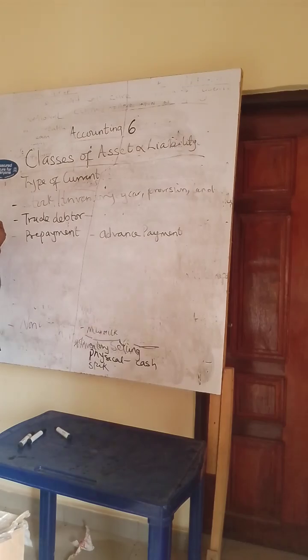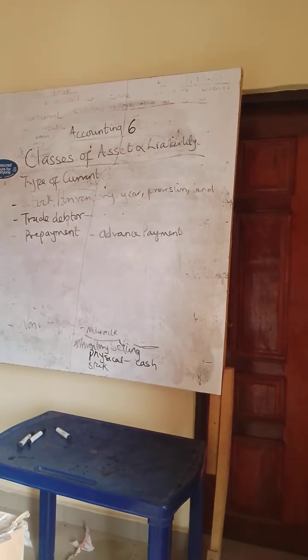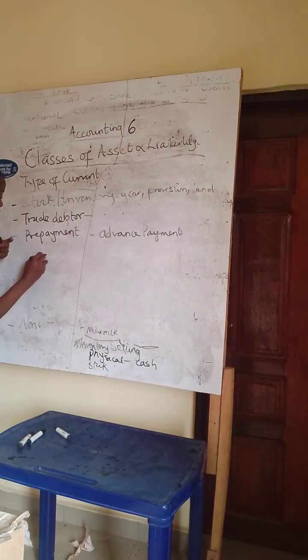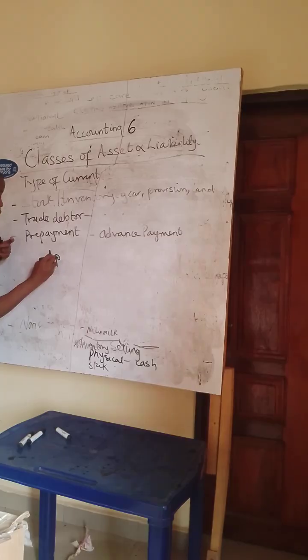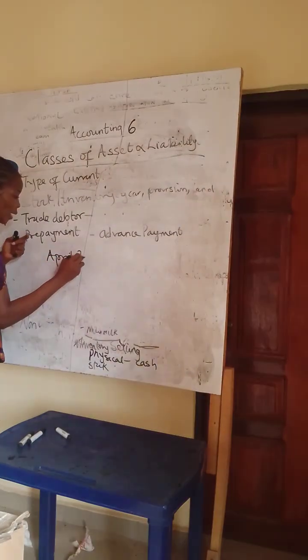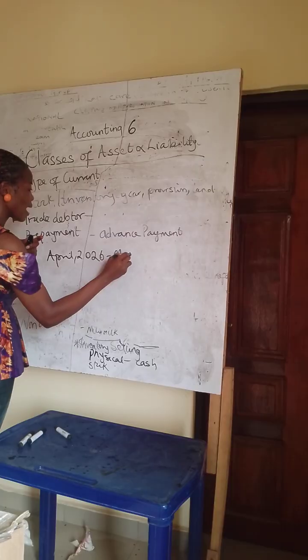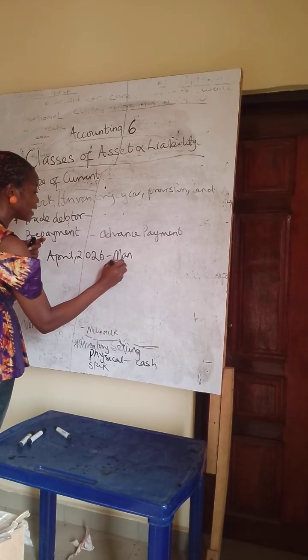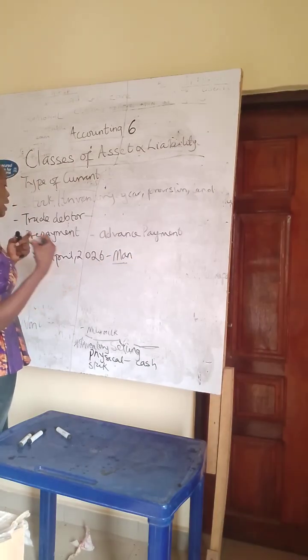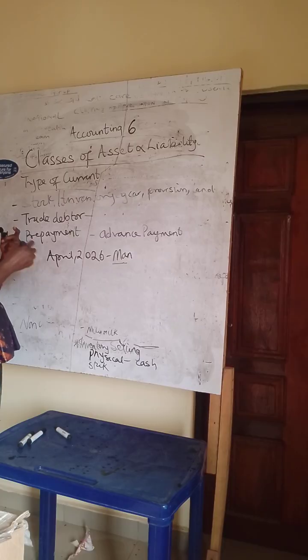Now, suppose the agreement is that the insurance will start in April, that from April 2026, Mansard Insurance will take over ensuring that your car is in good state. In the case of any issue, they will take over.